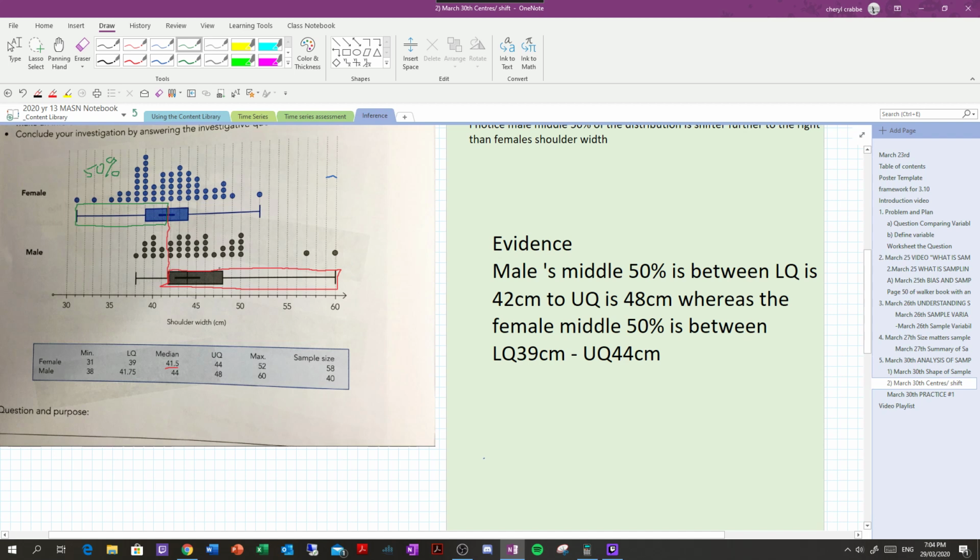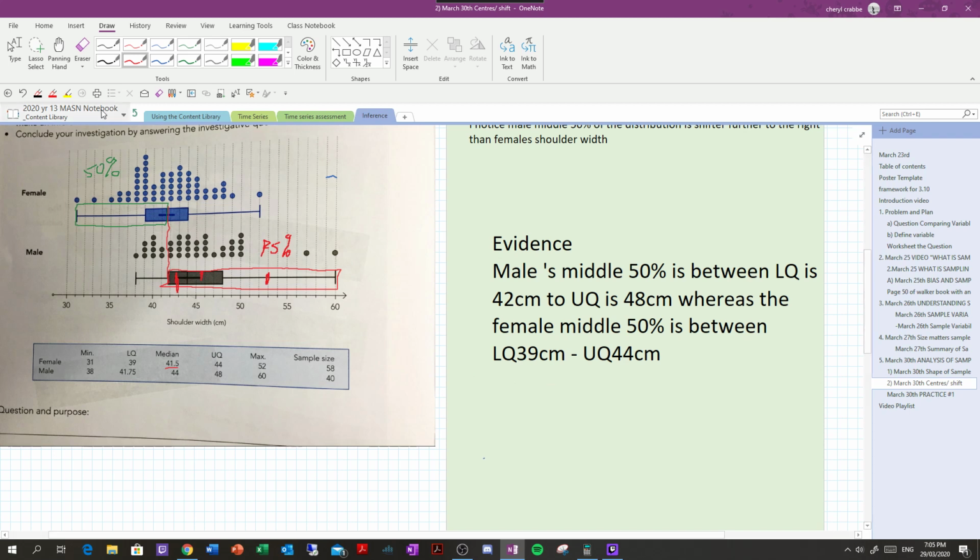Now, in the red here, this is 75% of the male data, right? 75%, because this is 25, this is 25, and this is 25. So that's 75%.